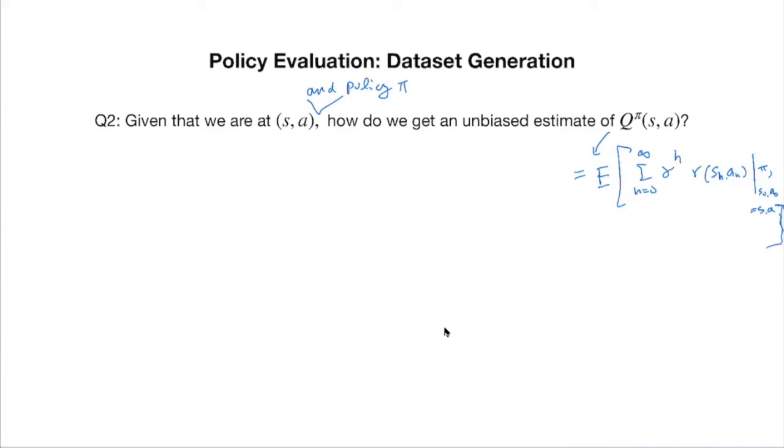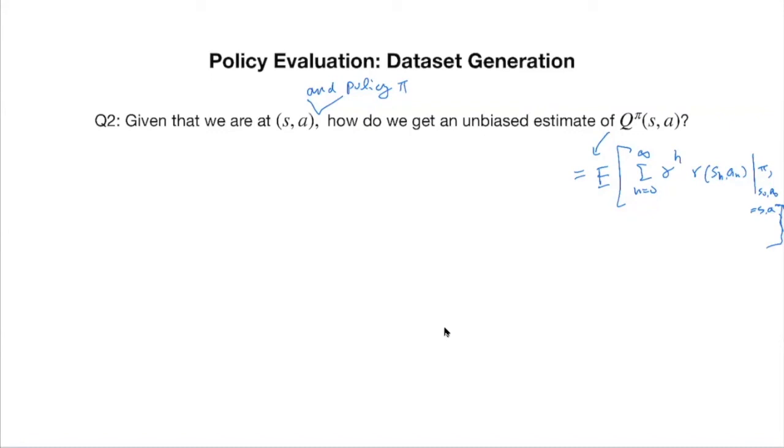Right, so this is just the expected total reward if I start from SA and follow policy pi. Right, so how can I get an unbiased estimate of this if I'm already at SA and I know the policy pi?